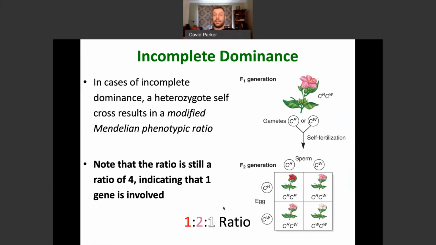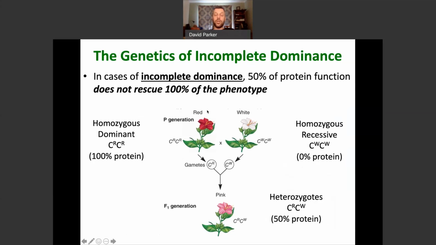Remember that this is what Mendel did a lot. He took homozygous, true breeding plants, crossed them to create a heterozygote, and crossed the F1 generation to itself, which gives you the F2 generation, which had a classic 3-to-1 ratio.